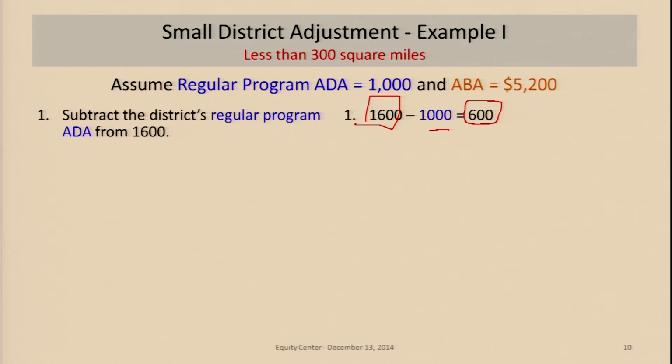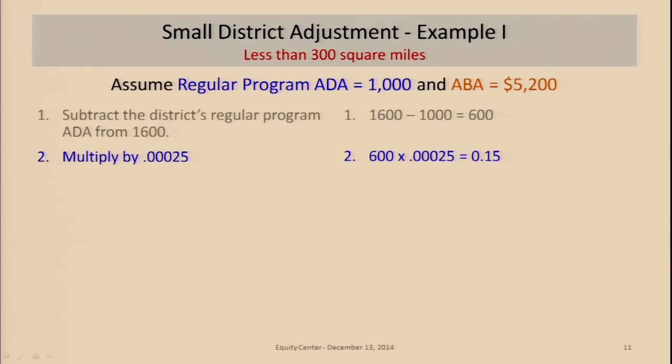So in this illustration, we're going to assume that this district has 1,000 ADA, and just for the record, we'll need that in a little bit. The adjusted basic allotment, after you did the CEI, is 5,200. So you take 1,600 and you subtract 1,000, you get 600. That's the number you use in the next step.